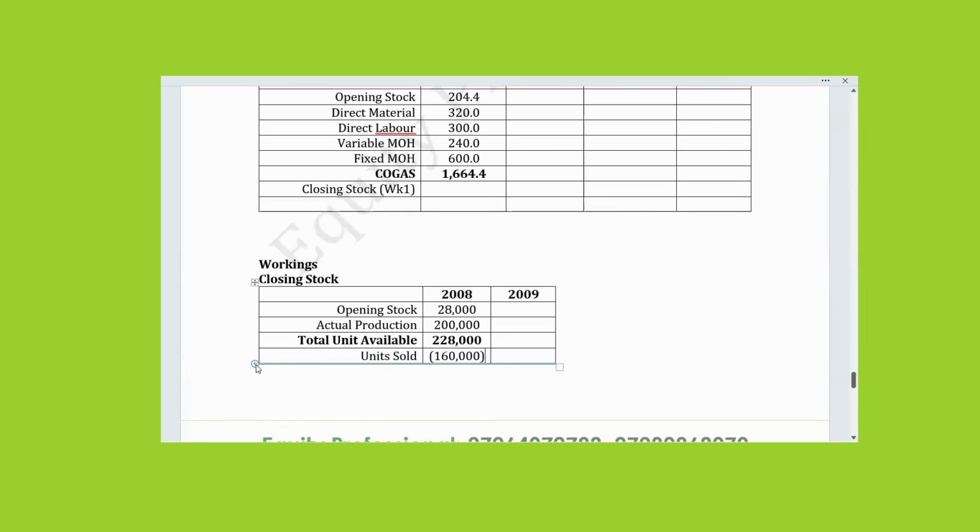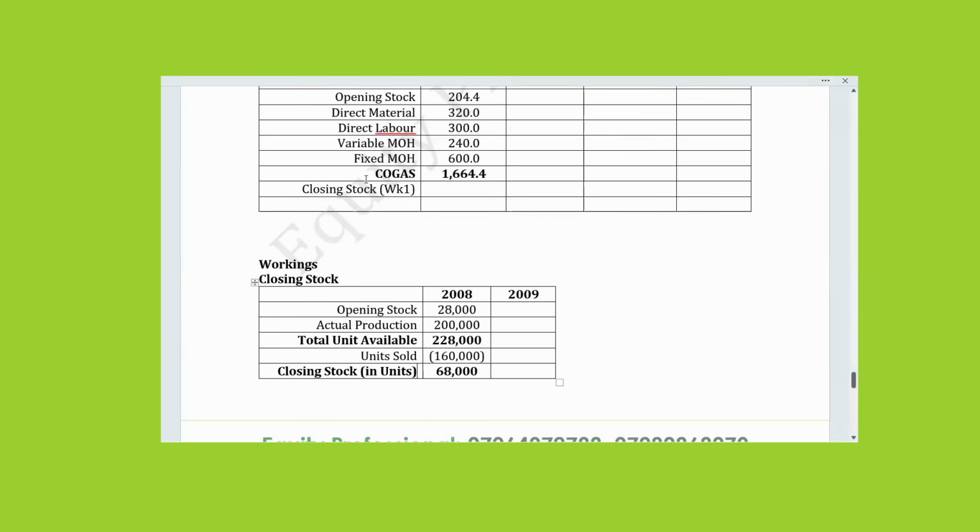Okay. So what's the difference between the two? 68,000. That's the closing stock we are looking for in units. I will then come here, closing stock in units. Okay.